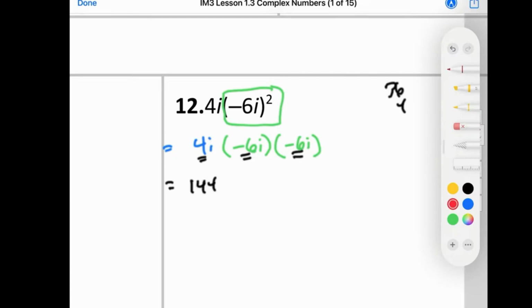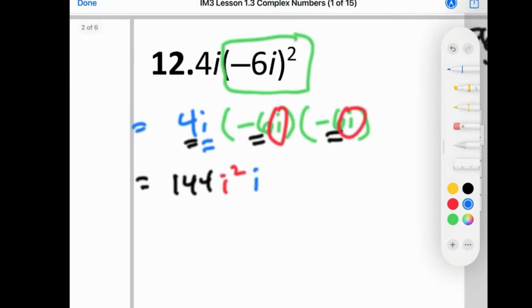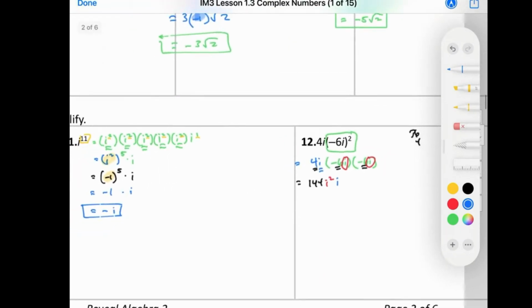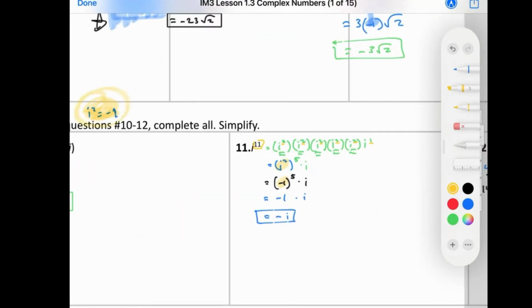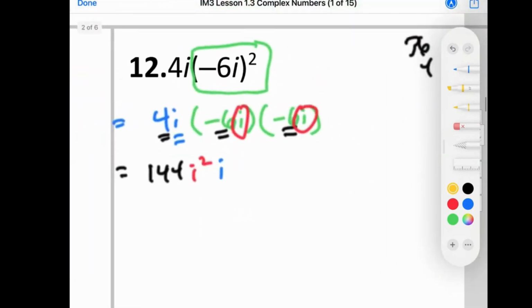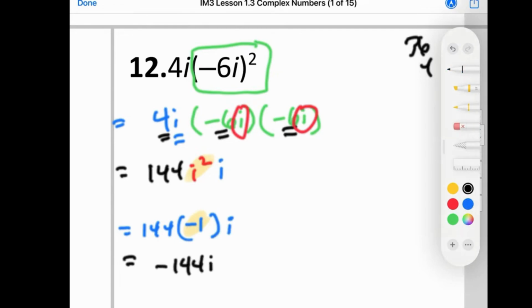Okay, let's do i times i is i squared. And I still have this blue i there. Okay. And what do we learn about i squared? i squared equals negative 1. And we just multiply all that, and you're going to get negative 144i.